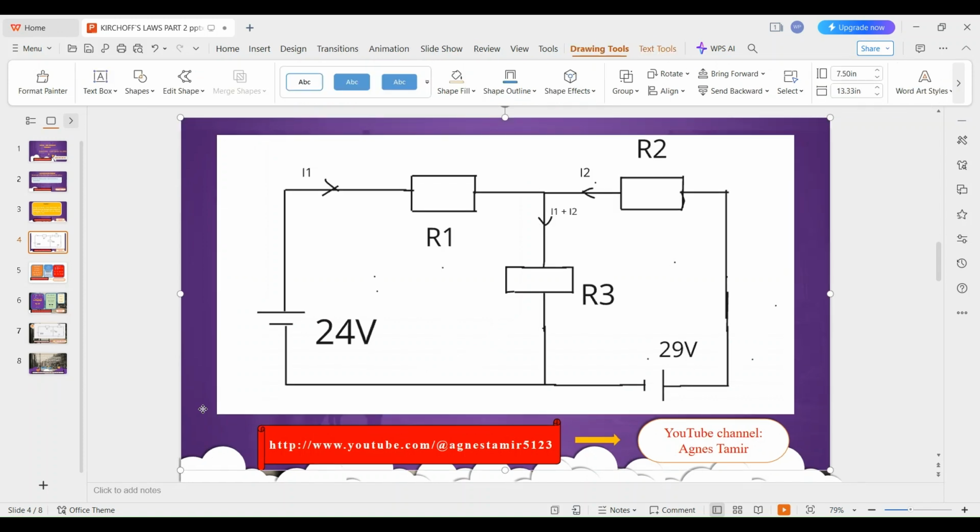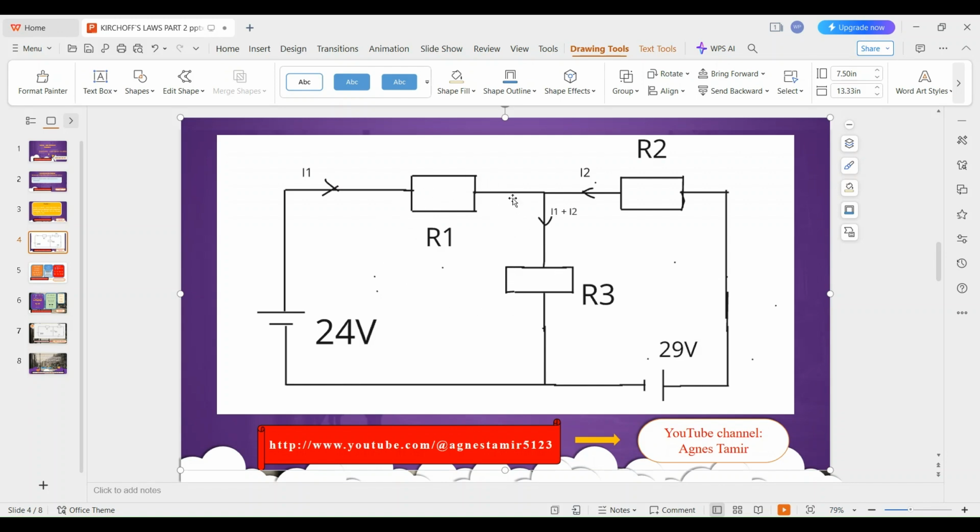I hope we are together up to that point. Therefore, we know that using Ohm's law, voltage is given by current multiplied by resistance.